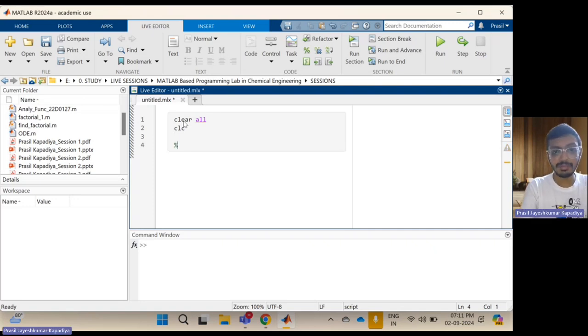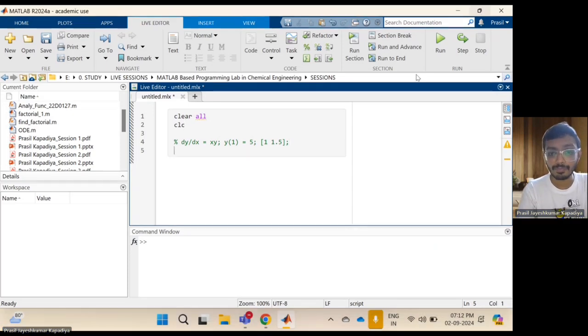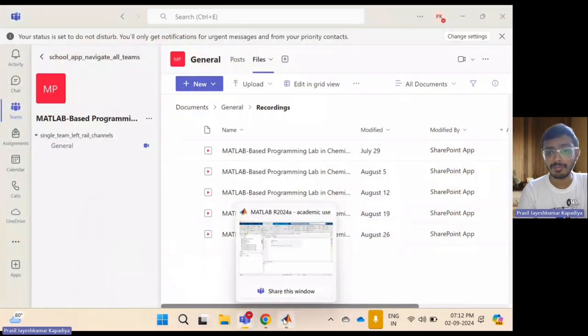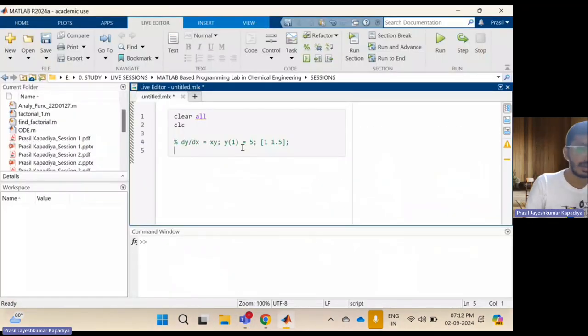We wrote our equation dy by dx is equal to xy, and we are told that y of 1 is equal to 5 and the interval is 1 to 1.5. Correct? Now my screen is visible again.